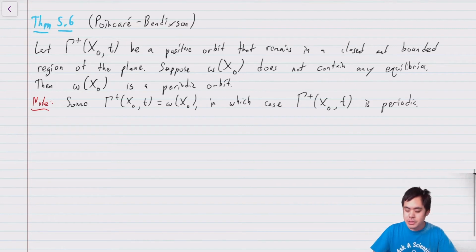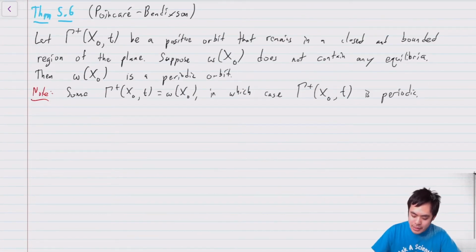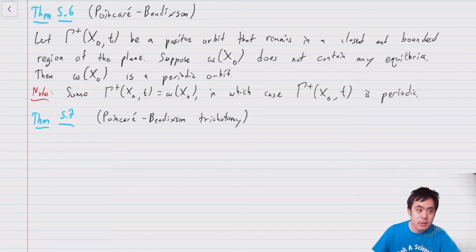So using this theorem, we can actually classify behavior. This is Theorem 5.7, and this is called the Poincare-Bendixson trichotomy. We're going to have the same setup.